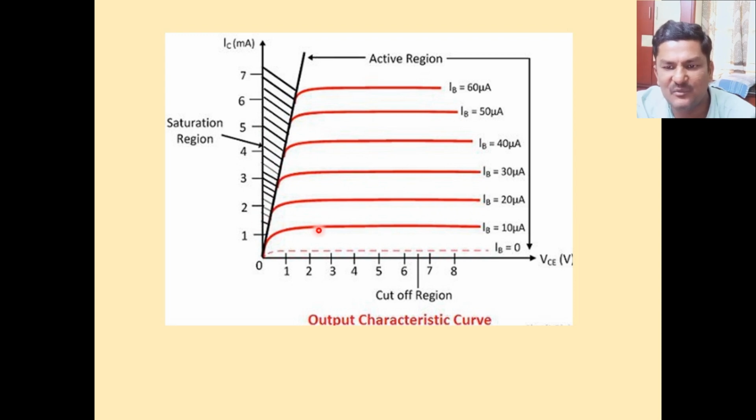This is the maximum value of IC. Here I mention 6 different values of IB: 10 microampere, 20 microampere, 30, 40, 50 and 60 microampere. So from the graph, it is very clear that if IB value increases, the saturation value, the maximum value of IC, also increases.